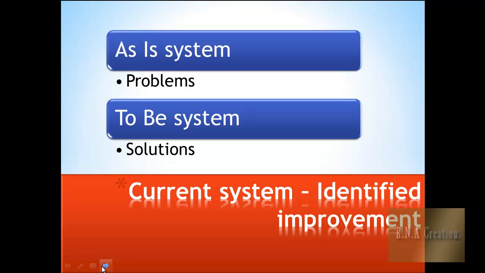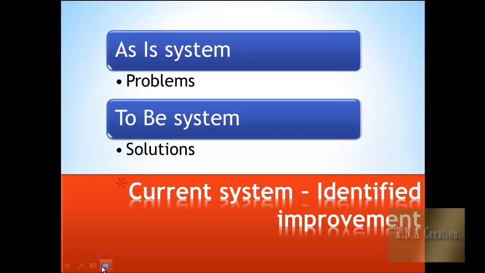And as you can see in the IS systems, what we are doing in the analysis that we need to find out in the beginning is what the system is as it is, meaning the system already exists, and we have to find out what the problems are. And once we find out what the problems are, then what solution has to be provided, and what would be the system that would be given to the customer or the client.